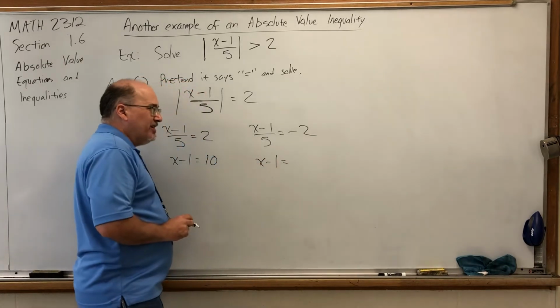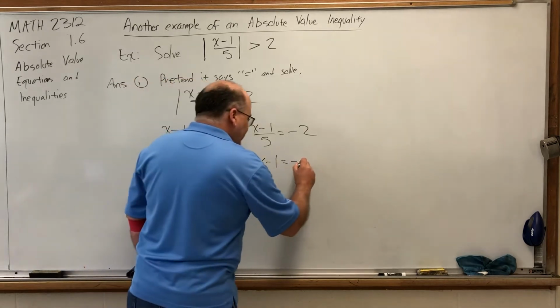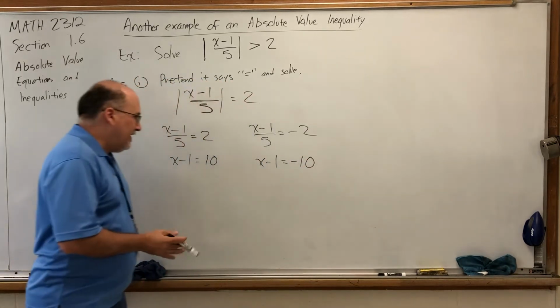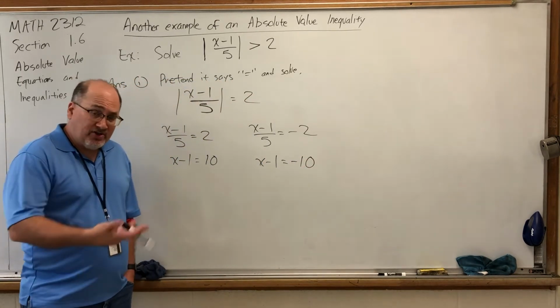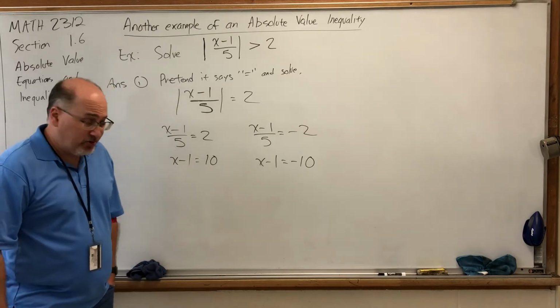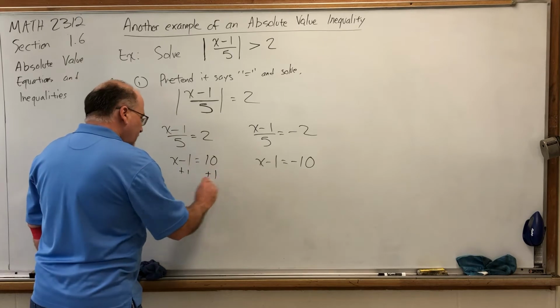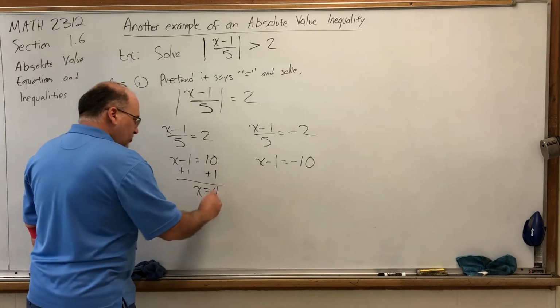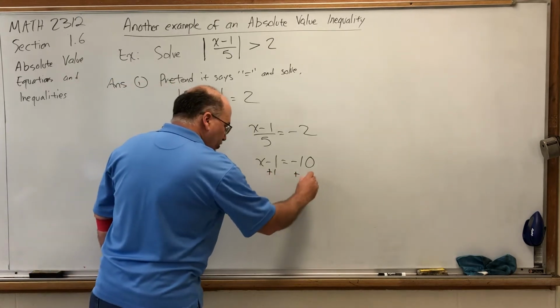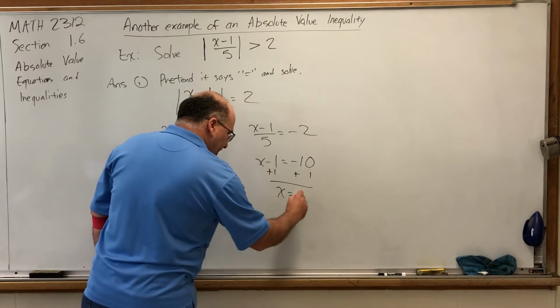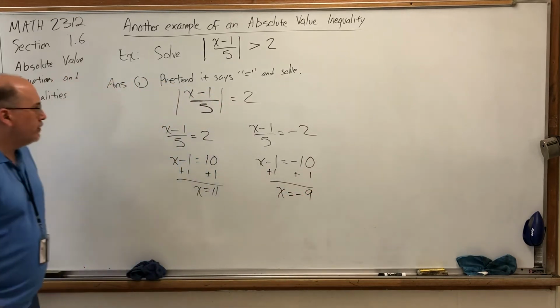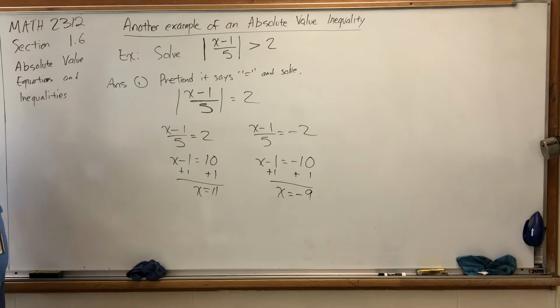On the right, we would get negative 2 times 5, which is negative 10. You'll find that the moves that you do are the same because the left sides of both of these equations are the same. And then to finish, of course, add 1. In this equation, you get x equals 11, and then the other equation, you get x equals negative 9. So your first move is pretend it says equals and solve.